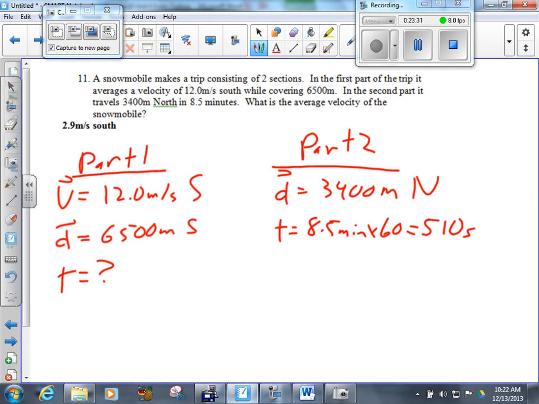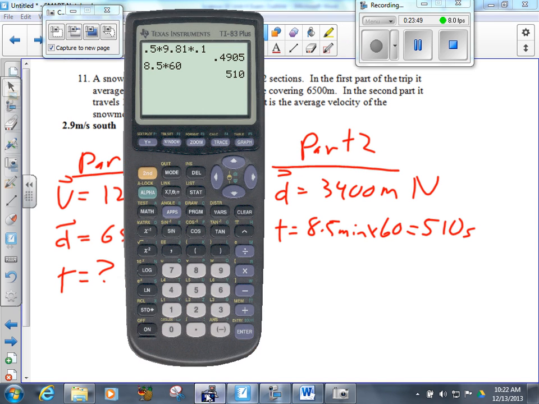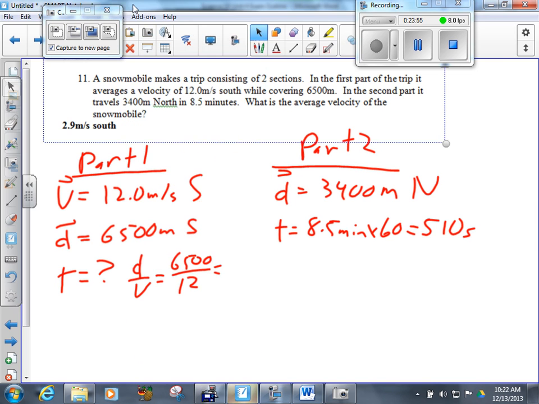We should probably also find the time for part 1 because we can't find average velocity unless we have total displacement and total time. So time is going to be d over v, 6,500 over 12. So we've got 541.7 seconds.